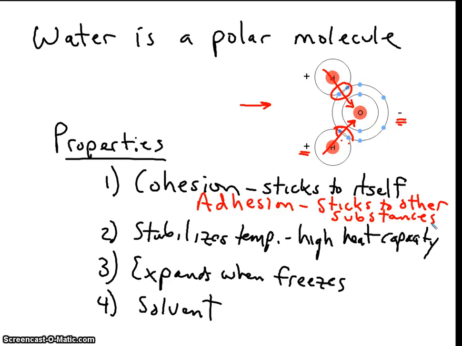It has to absorb a lot of energy before it changes temperature or changes state. Number three, it expands when it freezes. It's the only substance that we know that does that, so the solid actually floats on top of the liquid phase. And then finally, water is often called the universal solvent. When we get into the circulatory system and talk about our blood, which is mostly water, it's going to be very important that it acts as a good solvent.